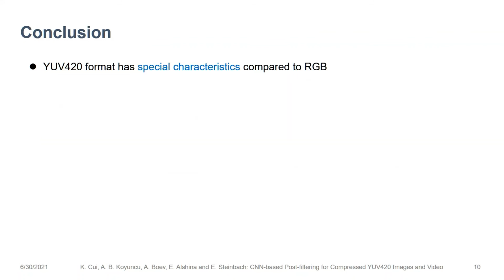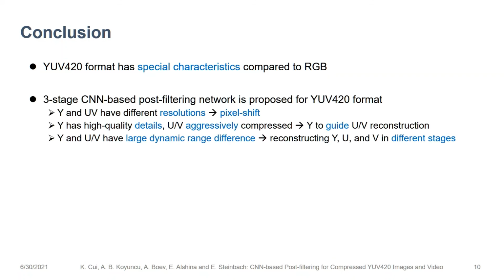Finally, in conclusion, YUV420 format is the most adopted format in image and video compression. It has some special characteristics compared to images in RGB format. The proposed 3-stage convolutional neural network-based post-filtering approach is specially designed for YUV420 format.